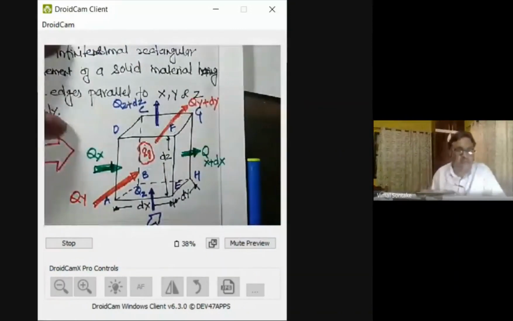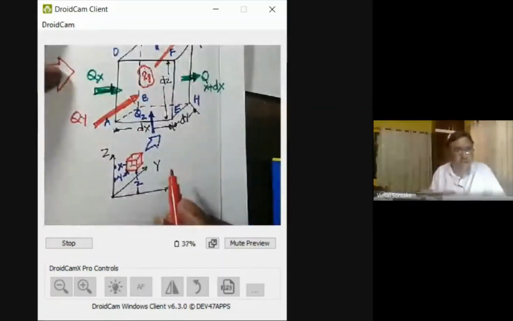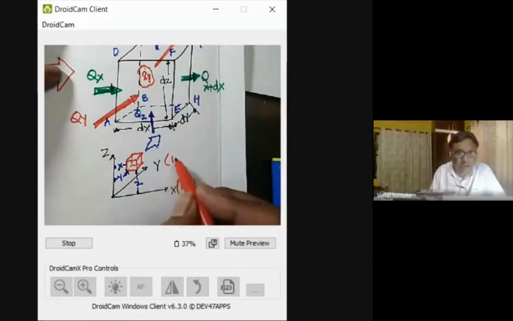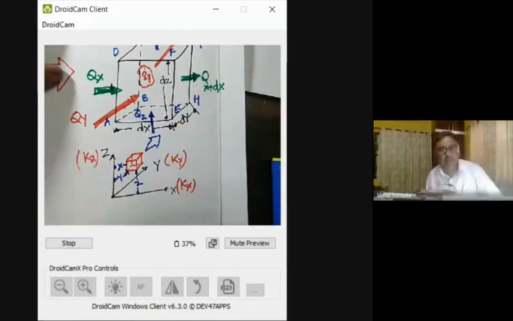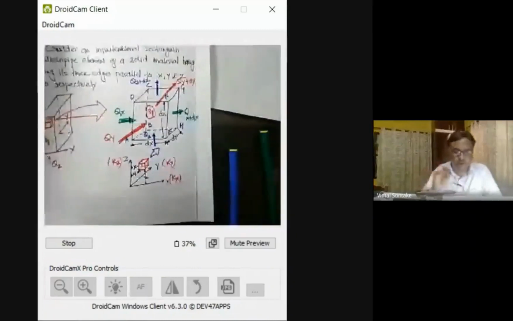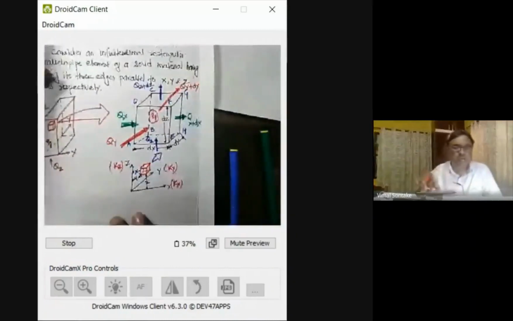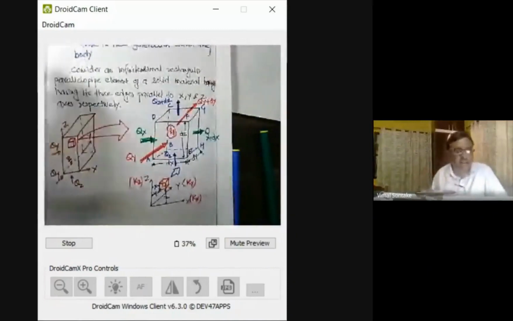And let's say the thermal conductivities of this elemental volume in the direction of x is kx, in the direction of y is ky, and in the direction of z is kz. So this is the required diagram for our analysis.